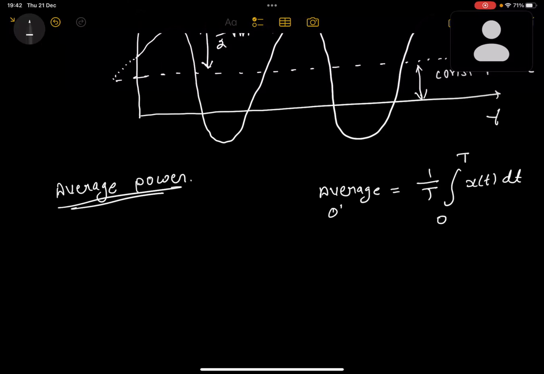This is the formula for finding the average of anything.